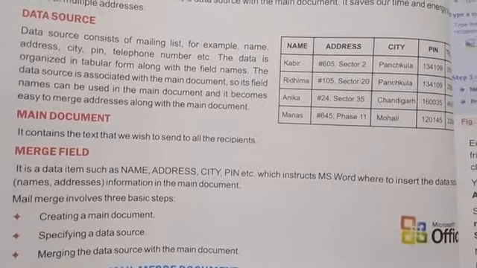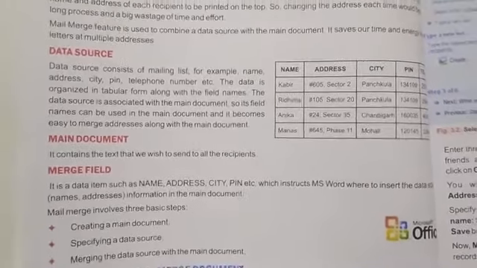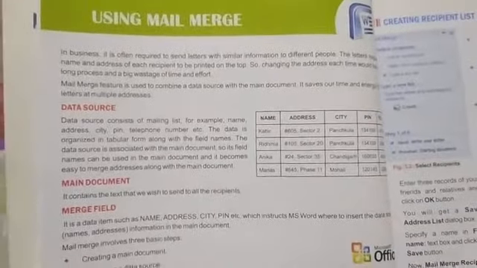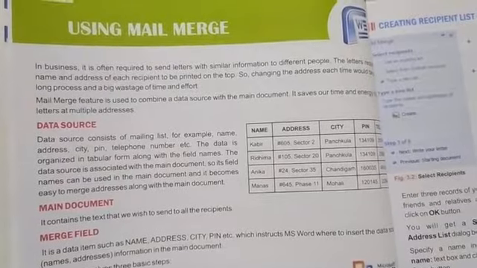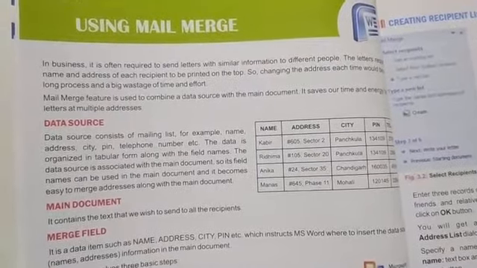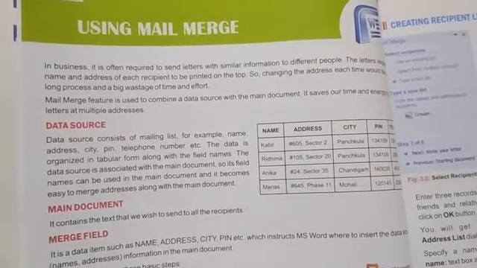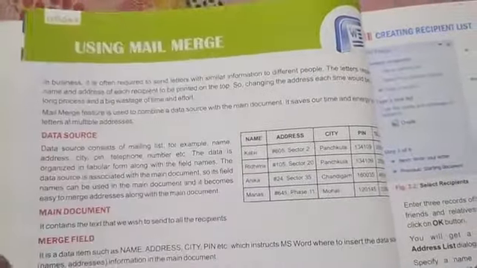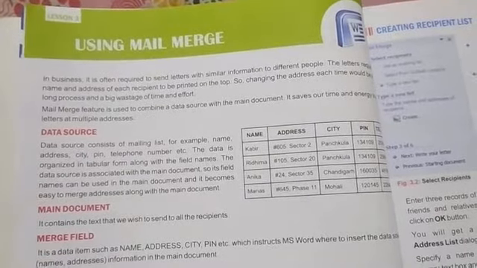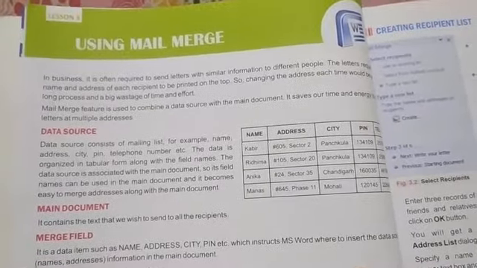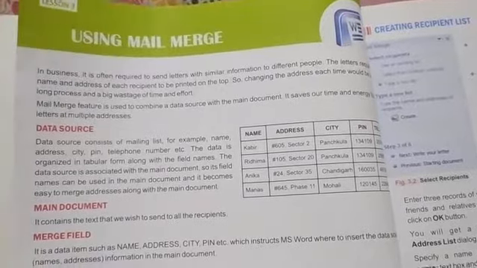So students, I hope you understand that the mail merge feature is used to send the same letter to multiple persons at the same time. It saves us lots of energy and lots of time, because here we need not put separate name and separate address and all the information again and again on the same letter.